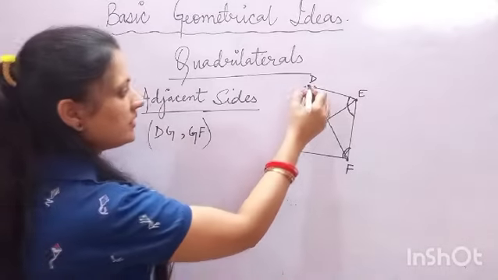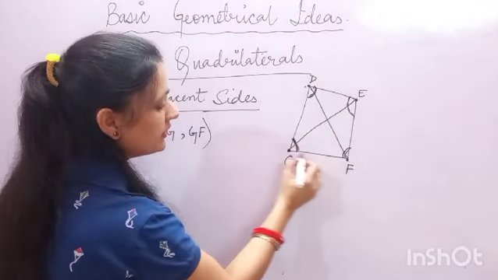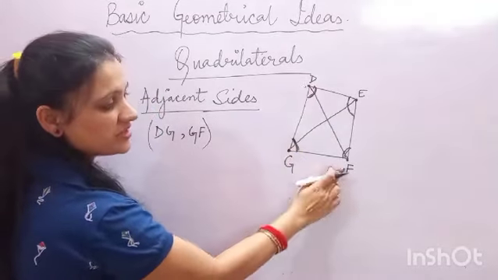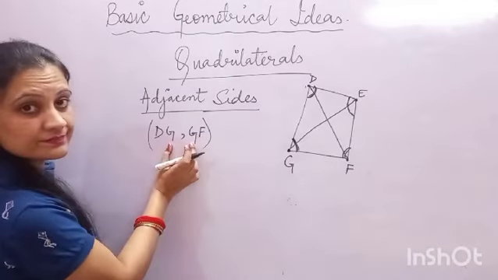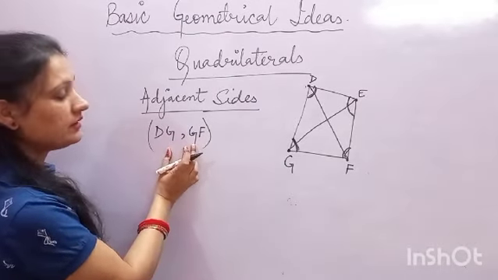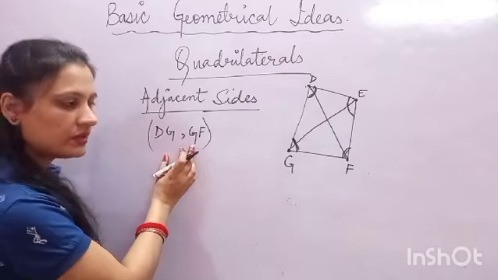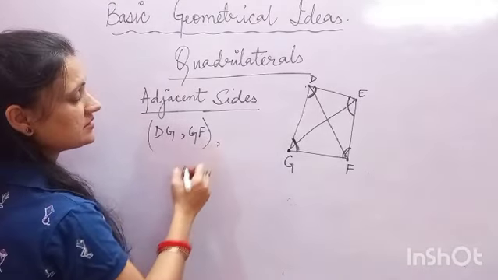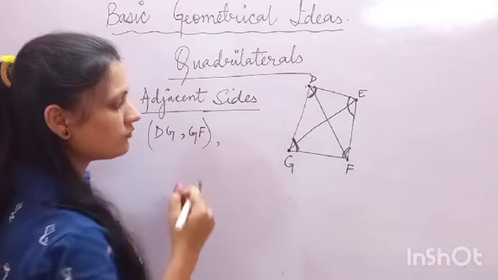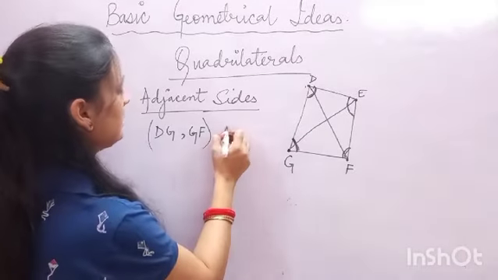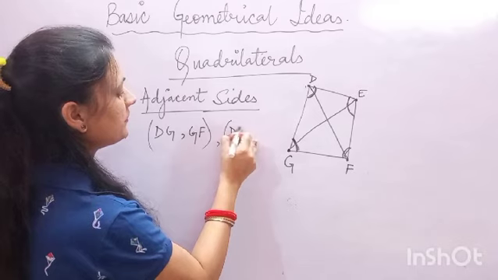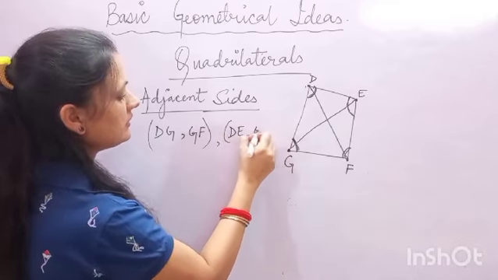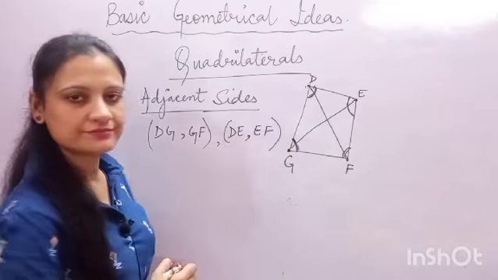You can see they have the common vertex, DG, GF, common vertex. Understood? That is why they are adjacent. Clear? These are adjacent sides. Next adjacent sides we can write down. Let us write down one more pair of adjacent sides: DE adjacent to EF.